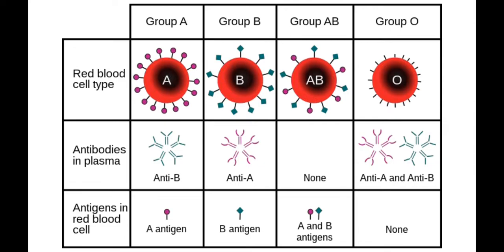So if a person has A blood, then protein type B will be considered by the immune system as a foreign protein, and the immune system will attack these red blood cells, and vice versa. If a person has blood type B and gets blood from a person of type A, then the immune system will attack this blood A.